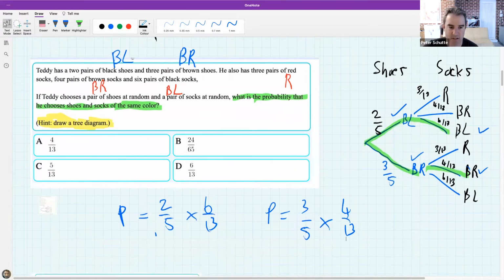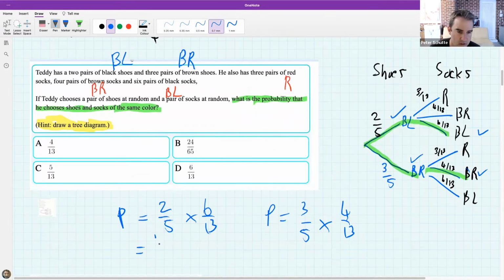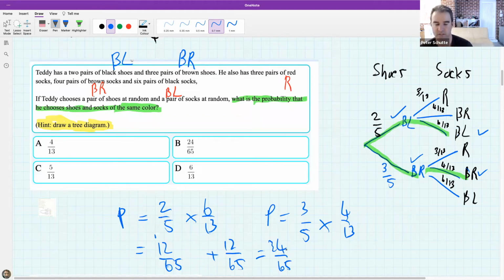Which one do you get? So for this one, I get 12/65, and I'm going to add it to 12/65, which is going to give me 24/65.